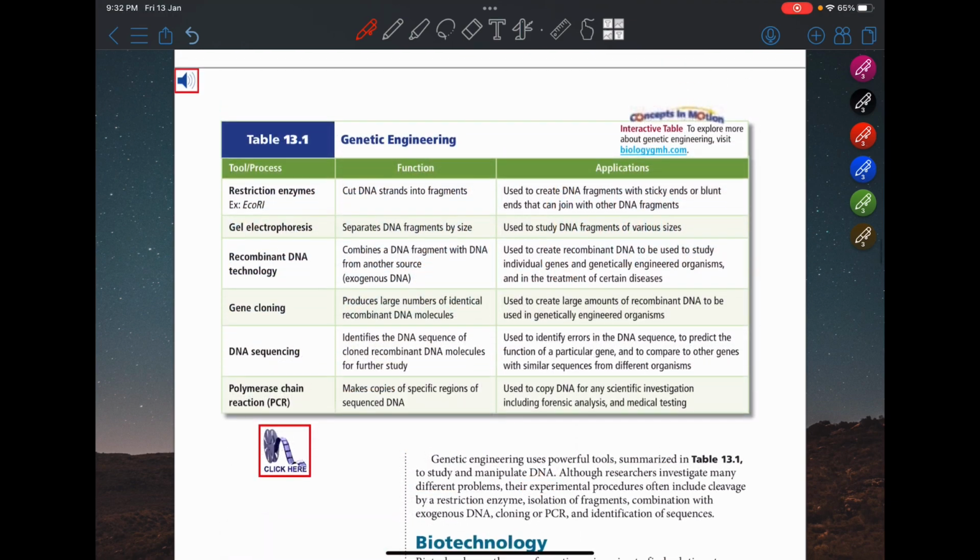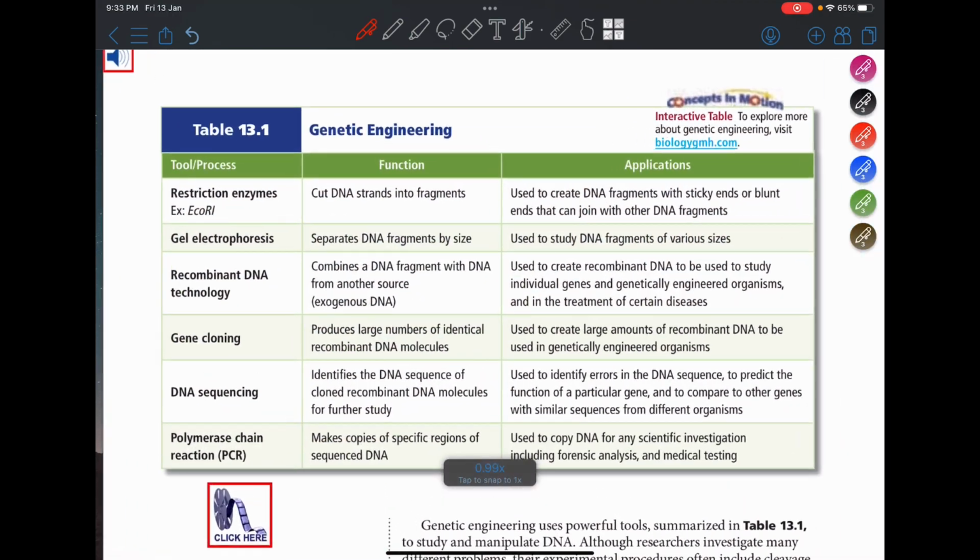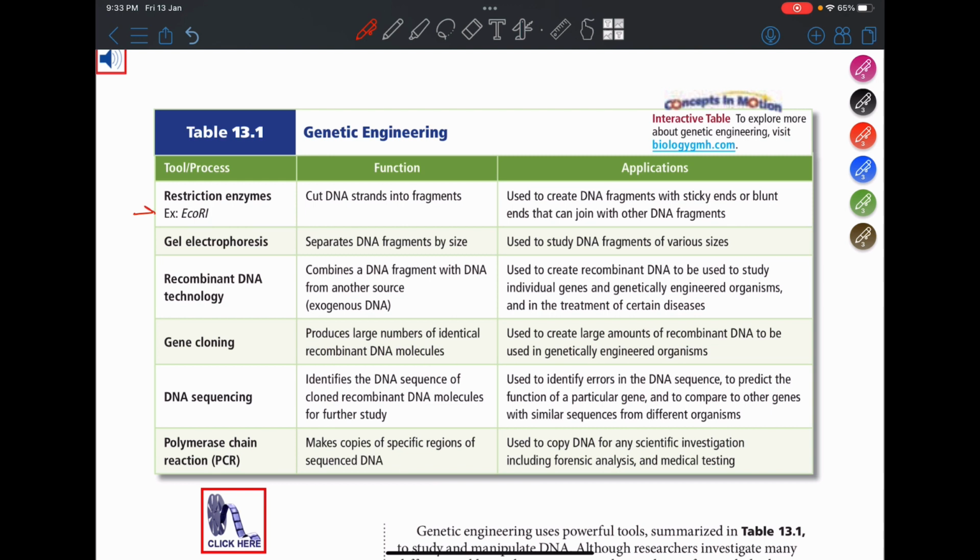Okay, let's sum up the first part of the lesson. We talked about restriction enzymes and gel electrophoresis, and let's review restriction enzymes first. So our example in the book is EcoR1, and we said that its function is that it cuts the DNA strands into fractions. What is its application?